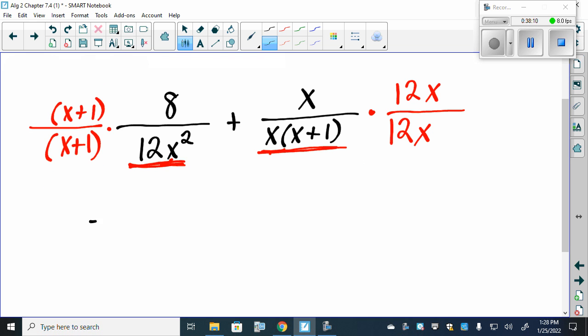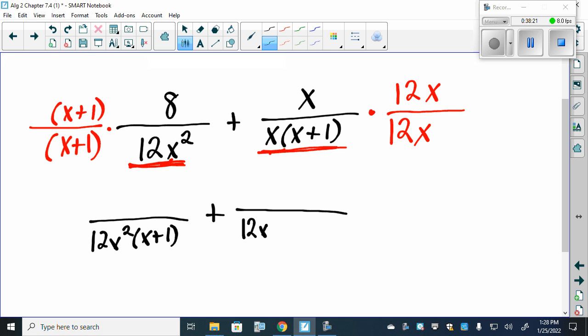So if we multiply these here, the denominators are both going to be 12x squared times x plus 1.